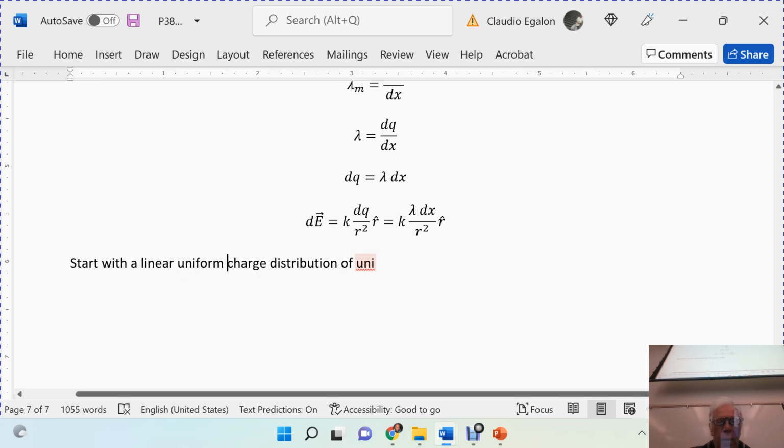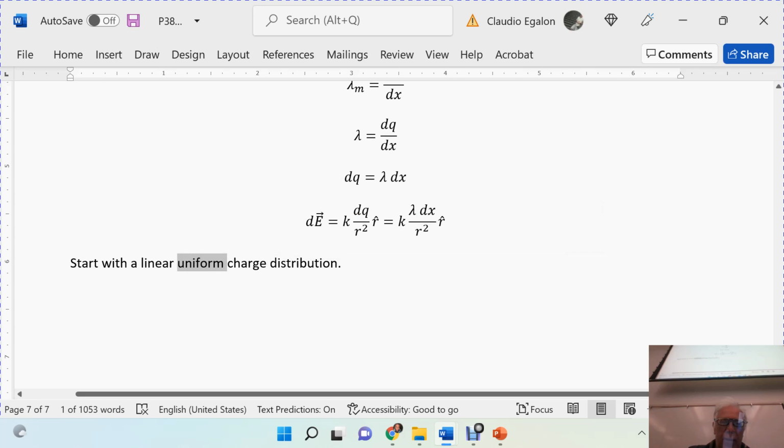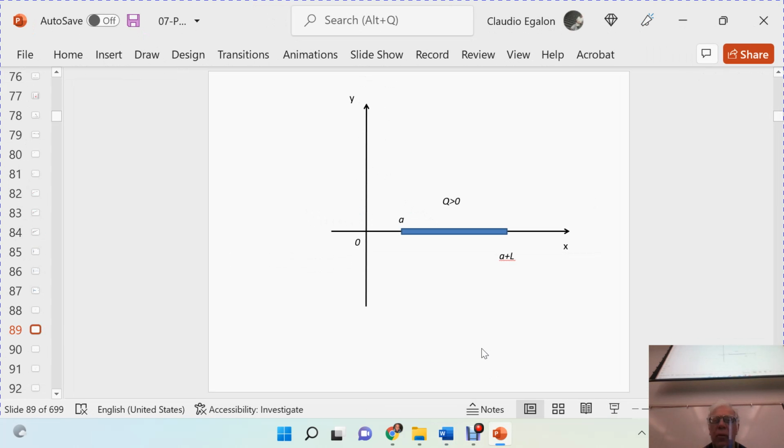And what does it mean, uniform charge distribution? See, those are the samples of problems that you're going to see out there. It means that the amount of electric charge in a small dx here is equal to the same amount of charge in another small dx here and another small dx here. The linear charge distribution is not a function of position. That's what it means.